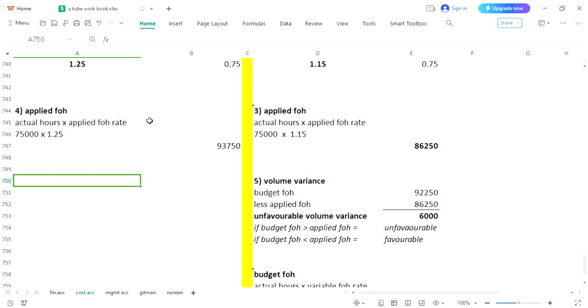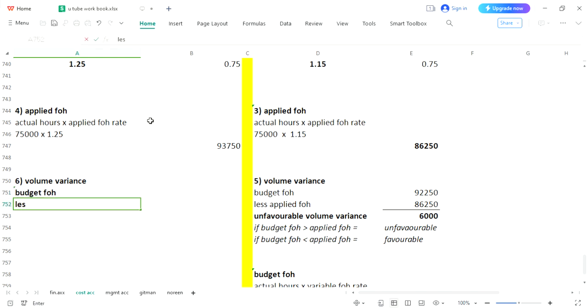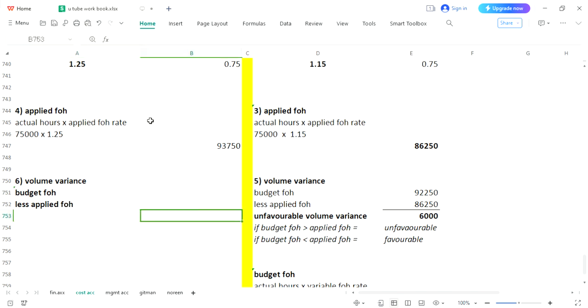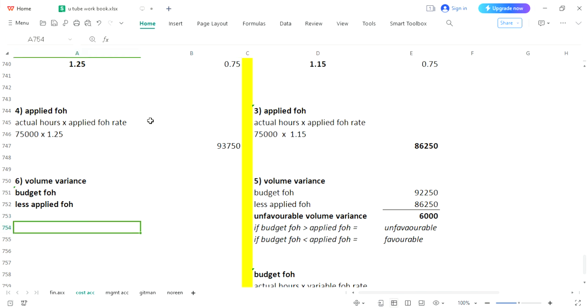Now we are up to the sixth requirement, where we need to calculate our volume variance. Volume variance is the relationship between budget FH and applied FH. Here we will calculate the variance, which is the difference between budget and applied, and finally we will conclude this variance. How? Depending upon budget.